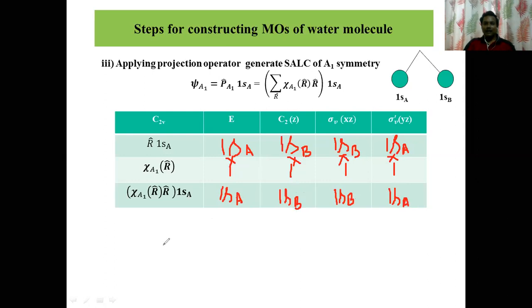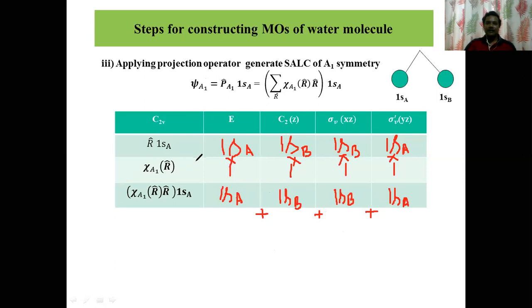Right? And the last step is the sum over all the operations R. Sum over all R means I have to sum them up. So if I sum them up, what do I get?